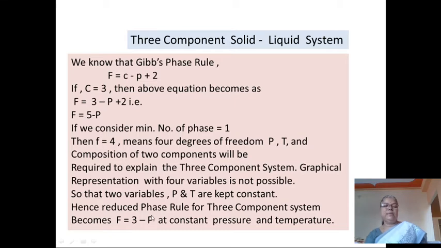When the number of phases is 2, the degree of freedom is 1. And when three phases are there, the degree of freedom is 0, that means a non-variant system. By application of this reduced phase rule, F equals 3 minus P, we can calculate the degree of freedom.